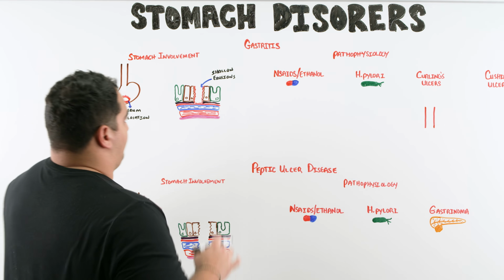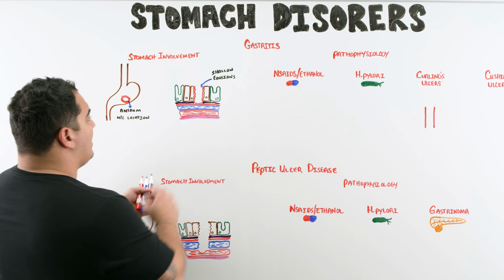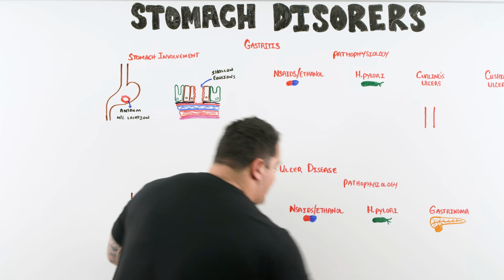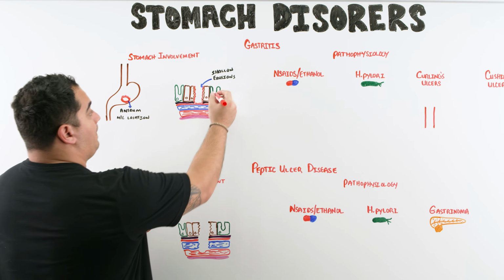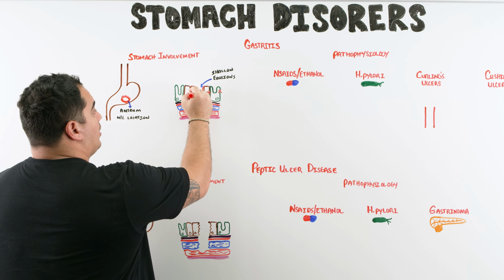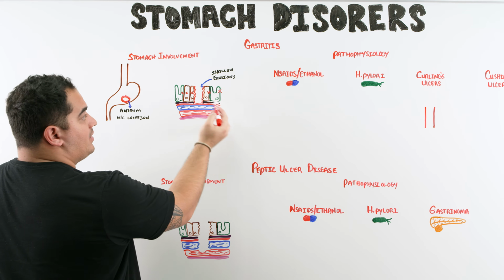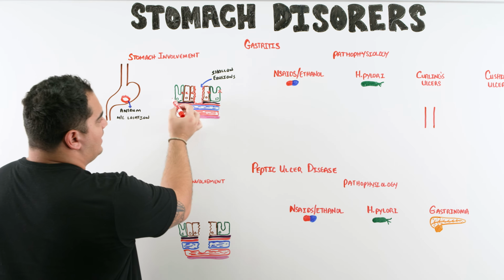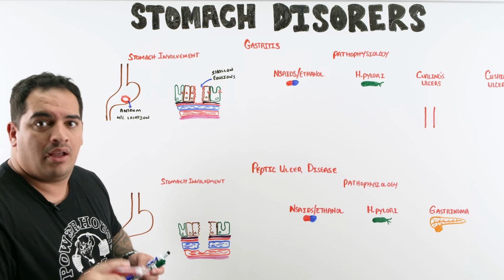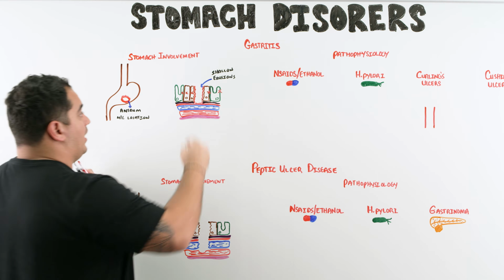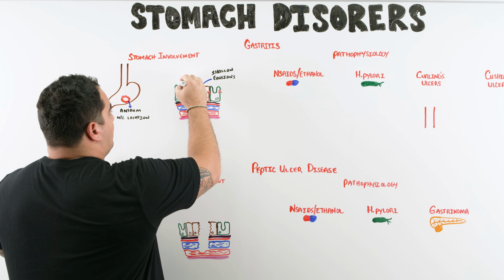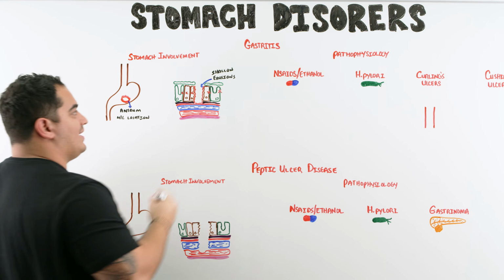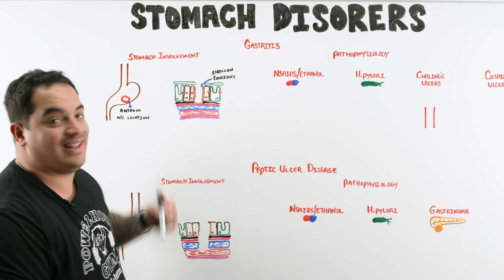Another thing is that gastritis causes generalized inflammation. So a lot of these cells, like the parietal cells, the chief cells, the mucus-containing cells, all of these things become a little bit inflamed and injured. Another thing that's really important is that there's a mucus layer that's supposed to neutralize the hydrochloric acid present inside of the stomach.